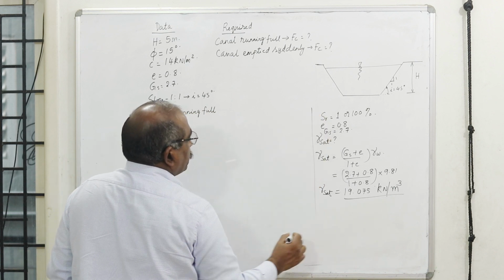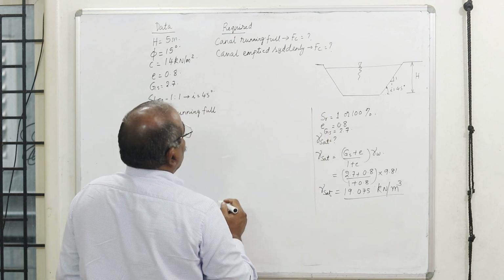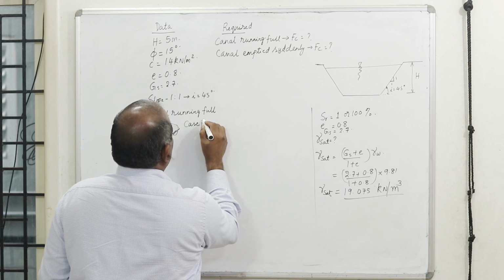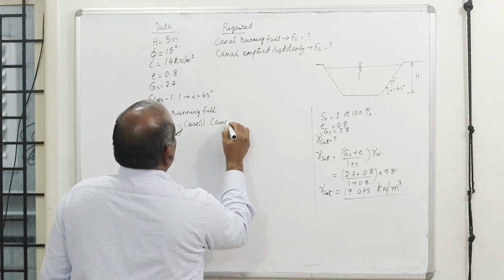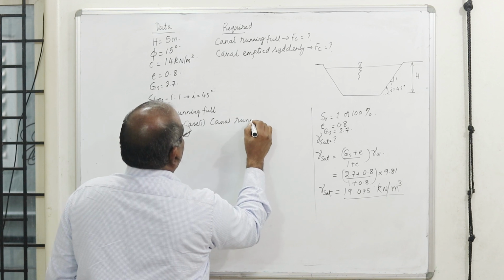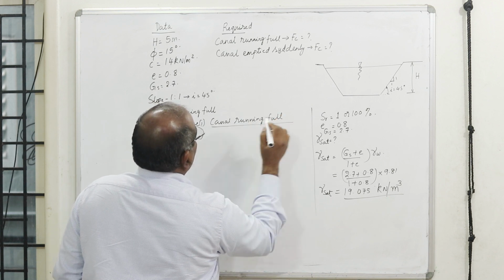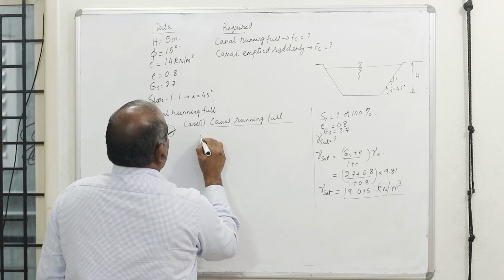Then, what do I need to do? I need to find out case 1. Canal running full. When the canal is running full, what is my gamma? I need to use gamma submerged.